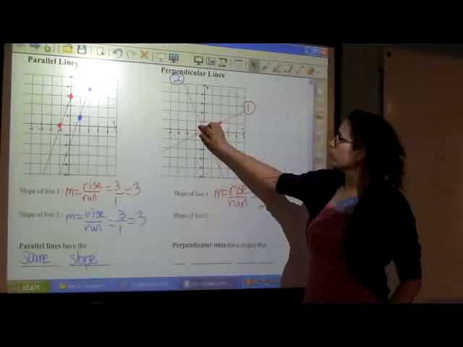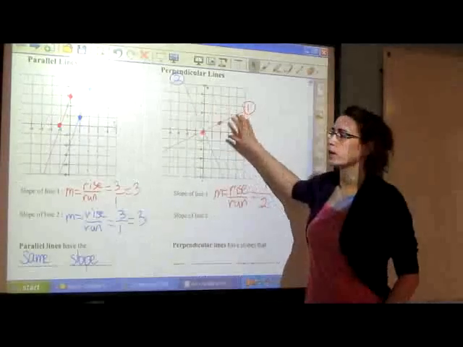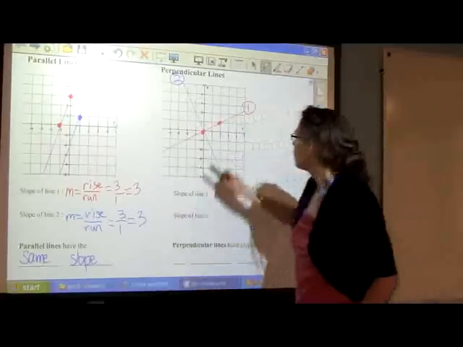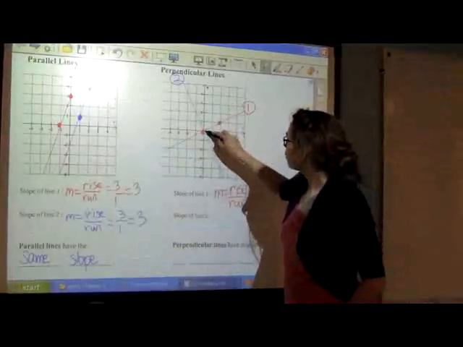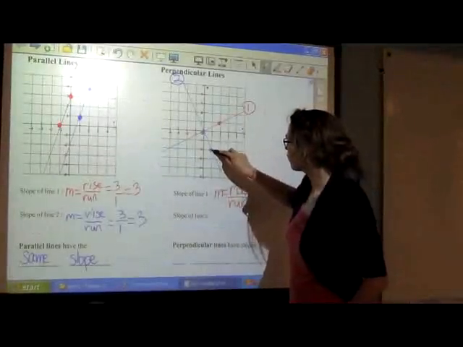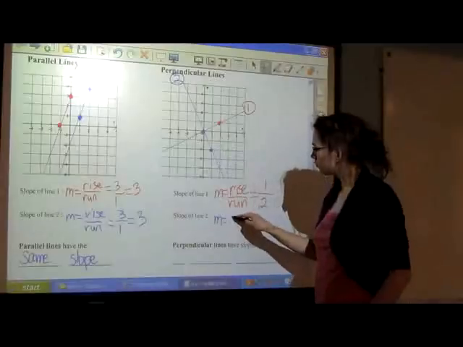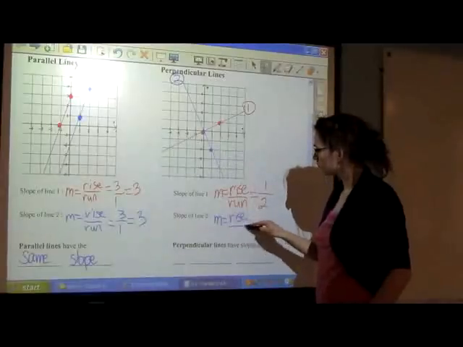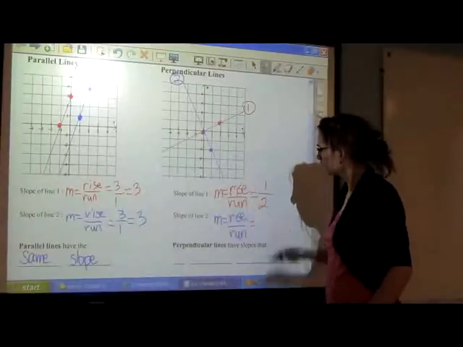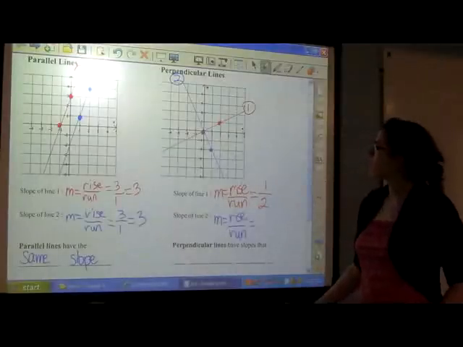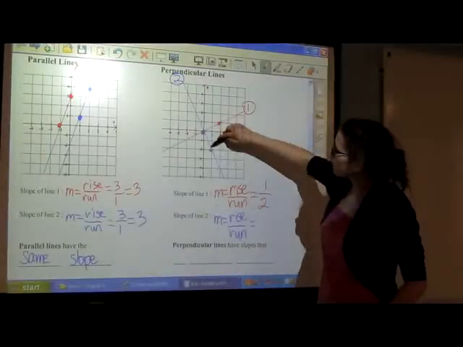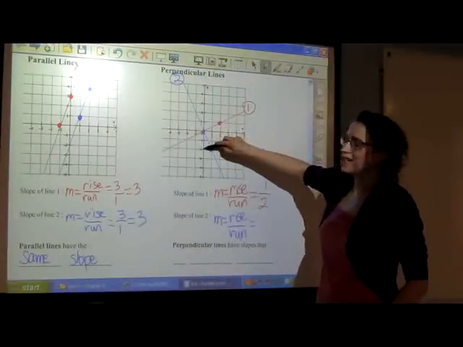Remember, you're always reading your points from left to right, just like you're reading a book. If I go to my blue line, I'll start with that same point there. m is equal to rise over run. To go from my first point to my second point, I'm going down 2.